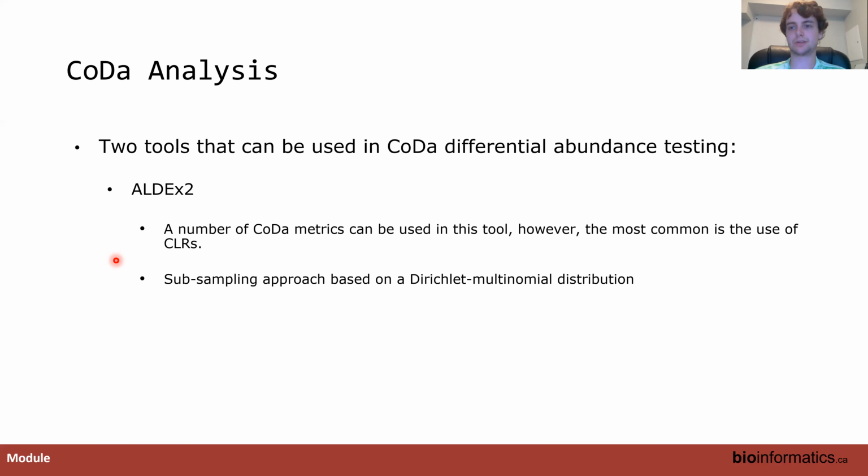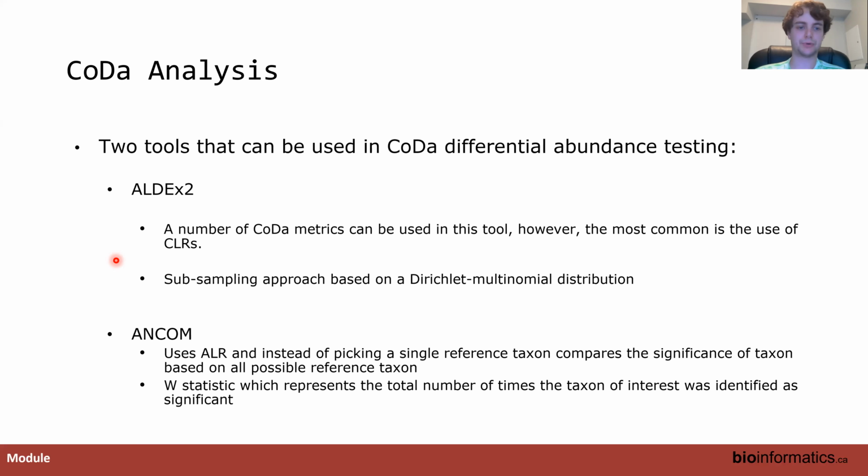And this can be done either using Wilcoxon tests or even general linear models, which will allow you to incorporate confounding variables. It should be noted, however, that this subsampling approach does make it a little less sensitive to changes in rare taxa. So taxa of low abundance would generally not be indicated as being significantly different using ALDEx2.